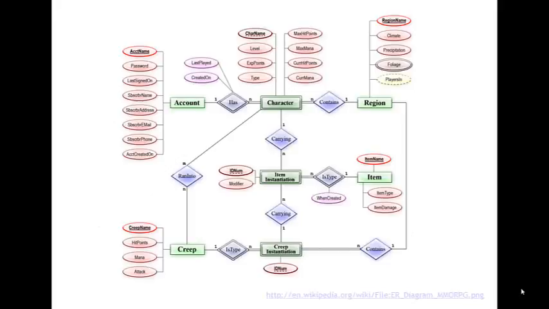Indeed, here's an example. This is where we're going. This is an example of an entity relationship diagram. And now we're going to work through the various components that make up this diagram, the symbology.